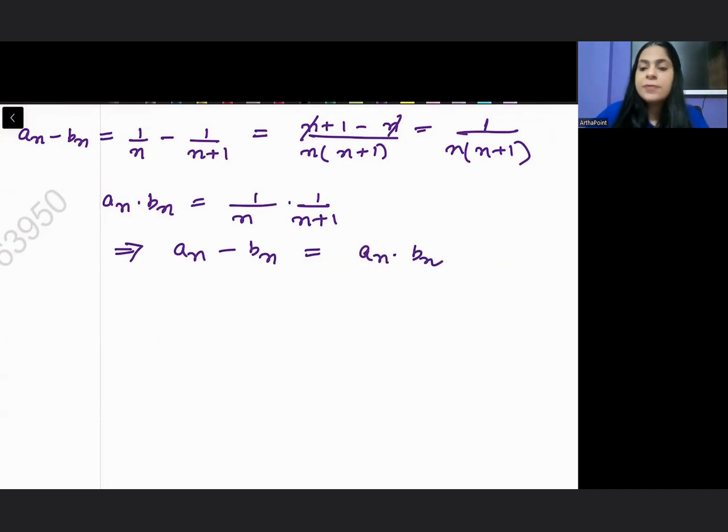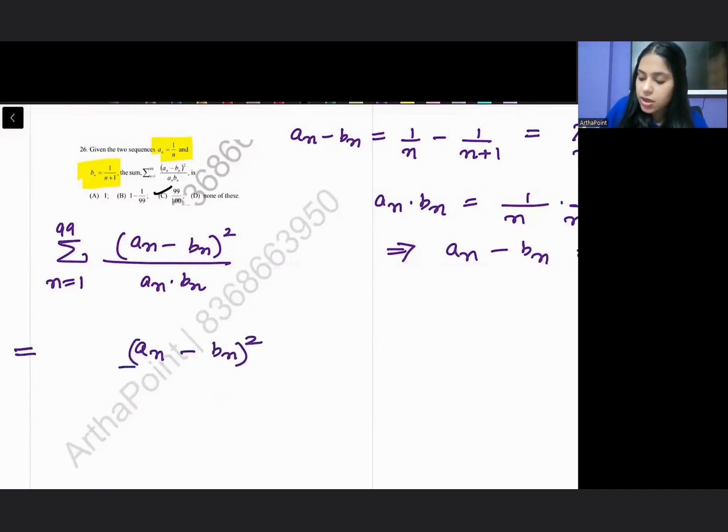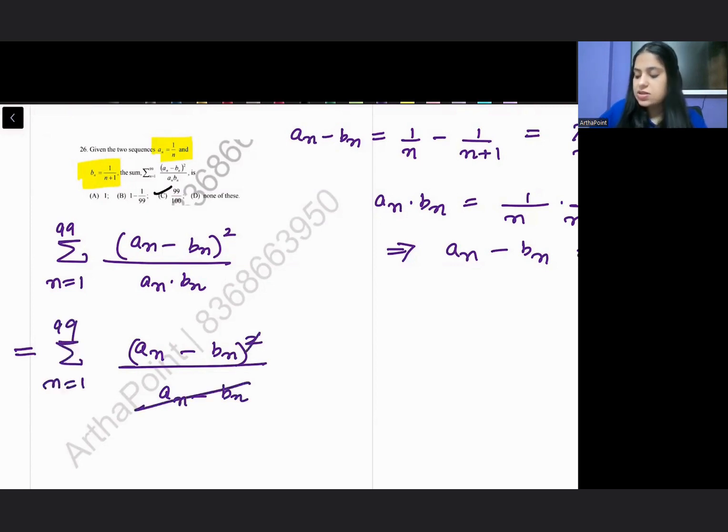So this will become an minus bn whole square, and an into bn will become an minus bn, summed up from n equal to 1 to 99, and this will cancel out. So I will get sum from 1 to 99, an minus bn.